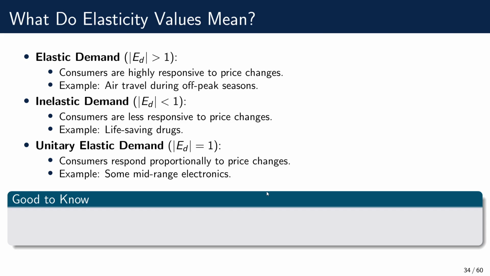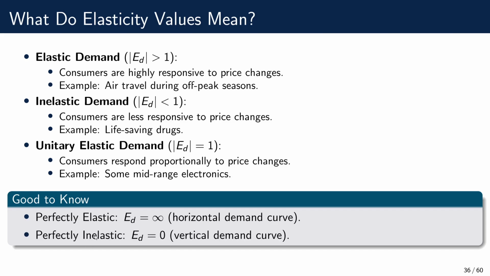Now, a good to know thing is perfectly elastic. When we say perfectly elastic, it means elasticity can be infinity, that is a horizontal demand curve. And perfectly inelastic is where elasticity is 0, that is a vertical demand curve.